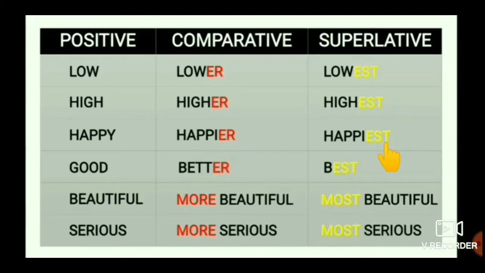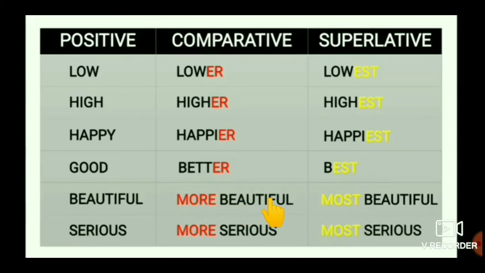IER, IEST. Understood? Good, better, best. Here the word itself changes in the comparative degree and the superlative degree. Good, better, best. And next one, beautiful. We don't have beautifuler, beautifulest. So for some words we use more.